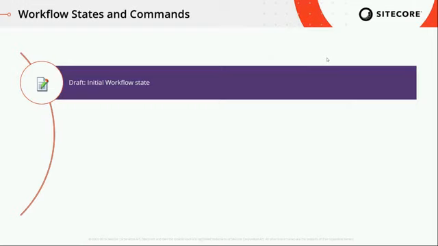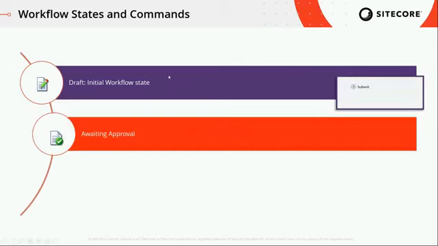And within each one of these states, you're going to have a command, because a command is what moves an item from one workflow state into another. So here you see this draft initial state. The next state that item needs to go through is the awaiting approval state. But in order to move the item from the draft state to the awaiting approval state, we have to click the submit button.